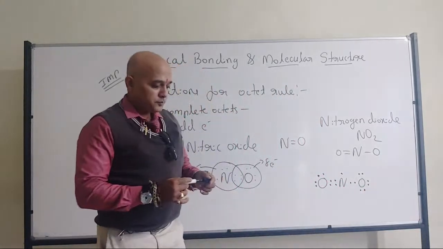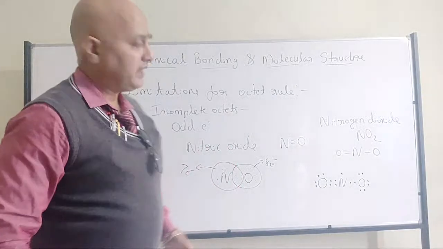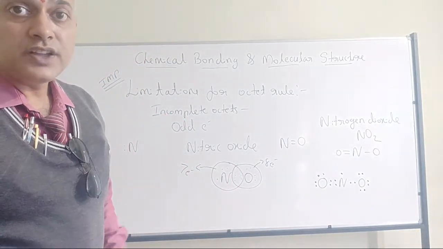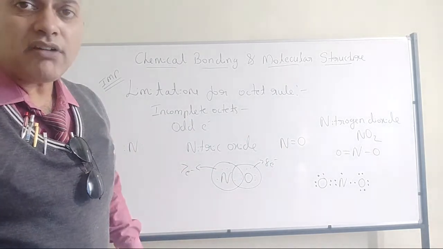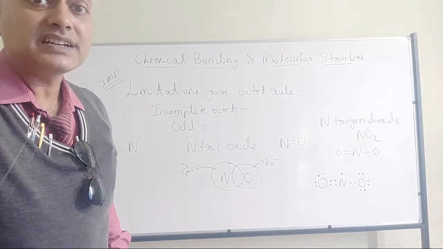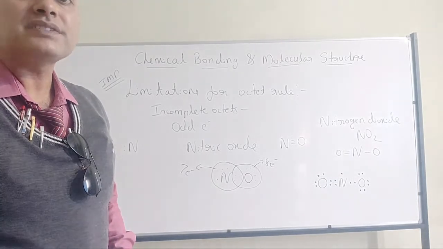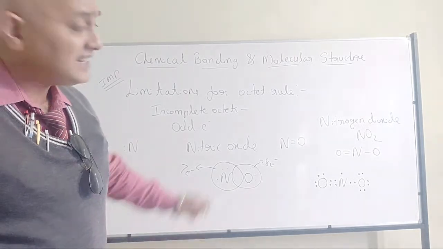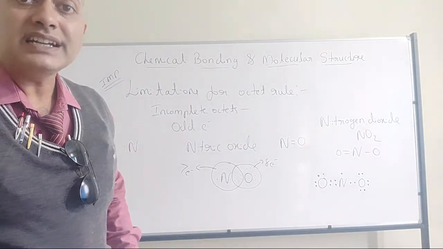If you observe the right side oxygen, all the valence electrons of oxygen are present as it is.